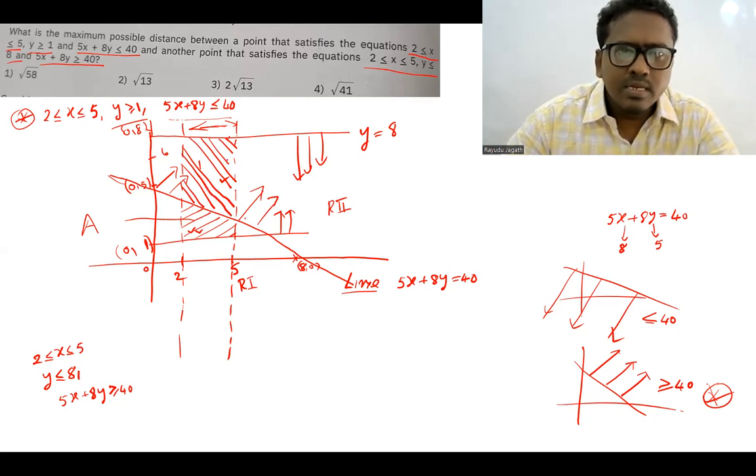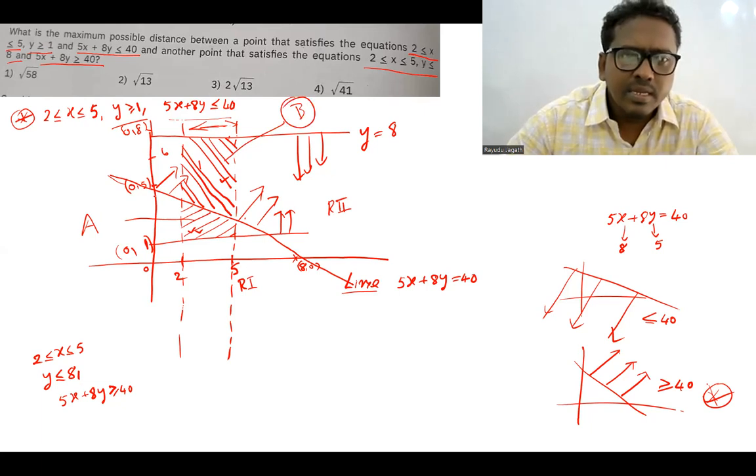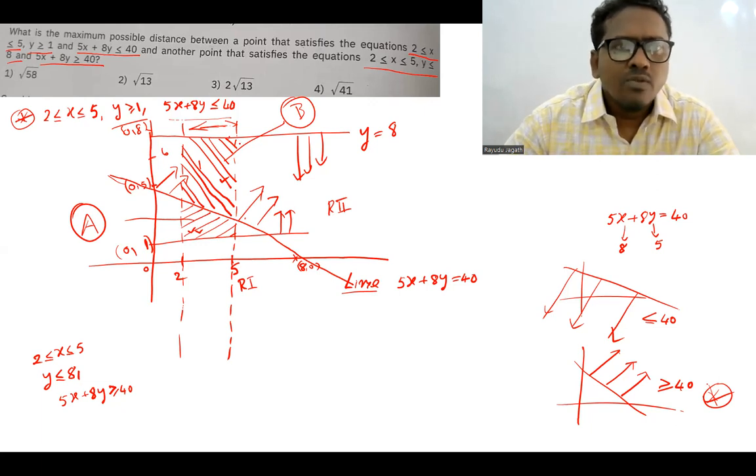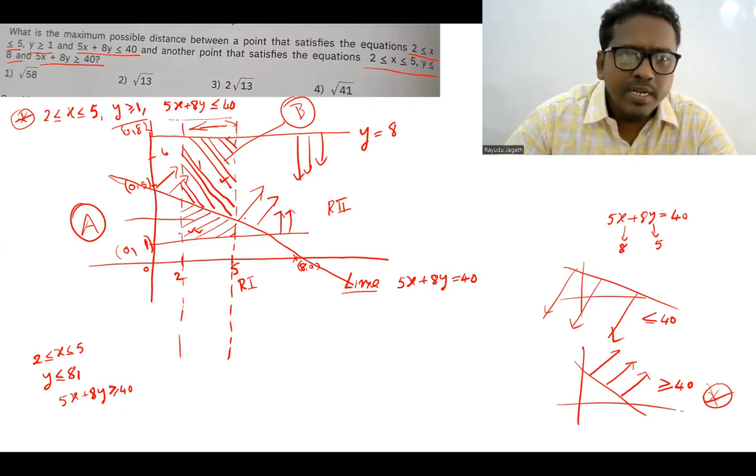So this is B, this is A. B satisfies y less than or equal to 8, 5x plus 8y greater than or equal to 40, and 2 less than or equal to x less than or equal to 5. Now the question is, what is the maximum possible distance between a point that satisfies the first equation, a point in A, and a point that satisfies the second equation?